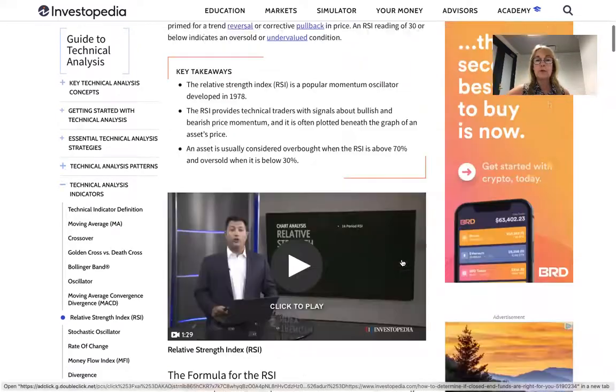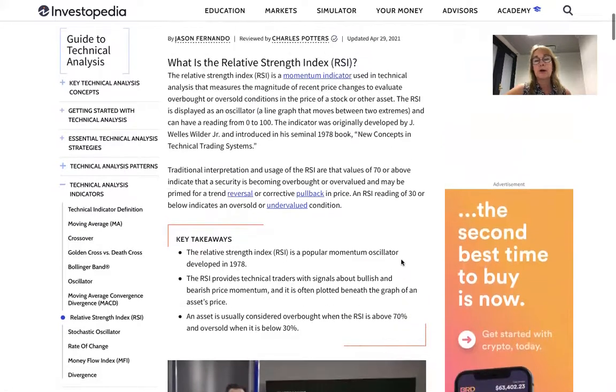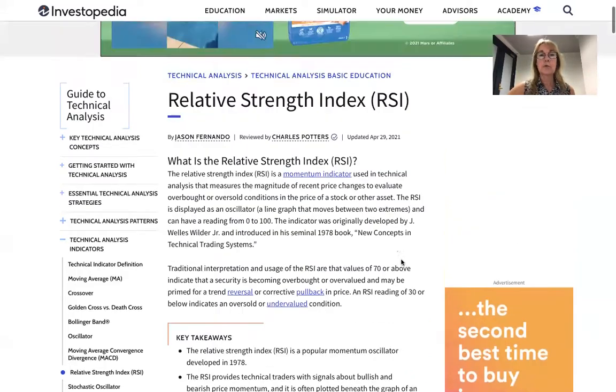You don't have to worry about the math. So if you're seeing an RSI above 70, that could tell you that the stock is overvalued, so you probably should sell it. If it is 30 or below, it's telling you that the stock may be undervalued and you should be a buyer. So I like to see around 20 and 80. Those are the numbers that I use.